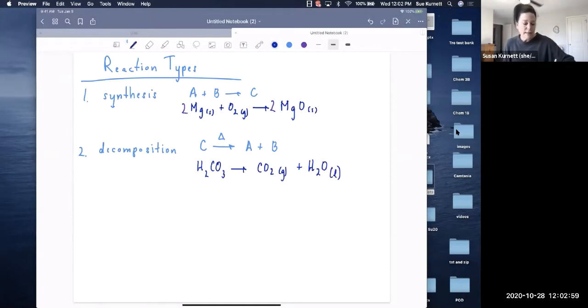When carbonic acid is a product, on the product side of the arrow, it automatically decomposes to form these things. There are 3 gas-forming products. Carbonic acid is one, sulfurous acid is the second, and ammonium hydroxide is the third.